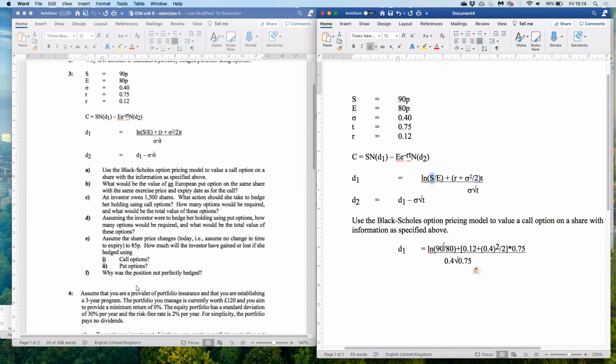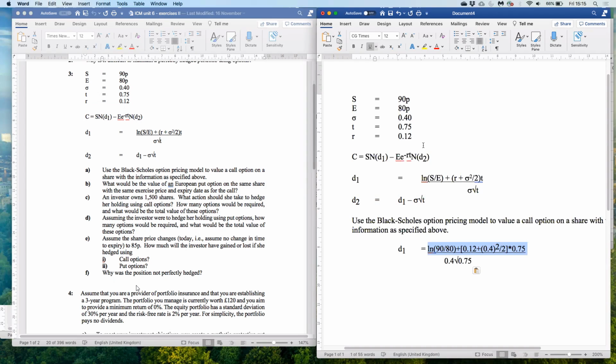The stock price is 90 divided by the exercise price of 80 pence, plus the risk-free rate of 12%, plus the square of the volatility 0.4, divided by 2 times the time to expiration, 0.75.